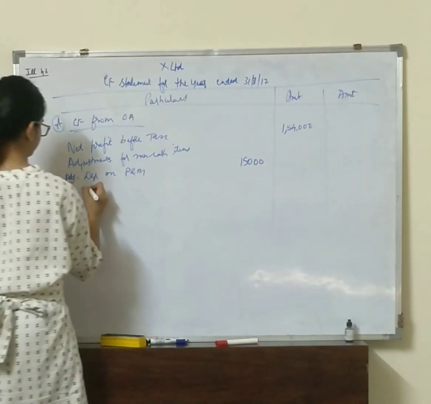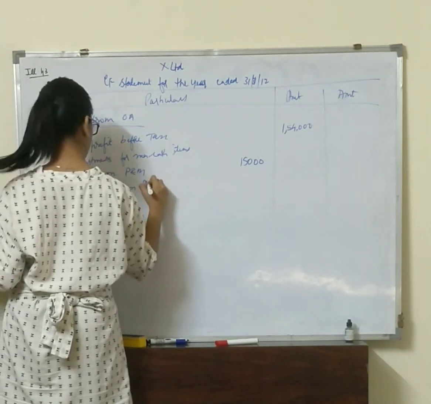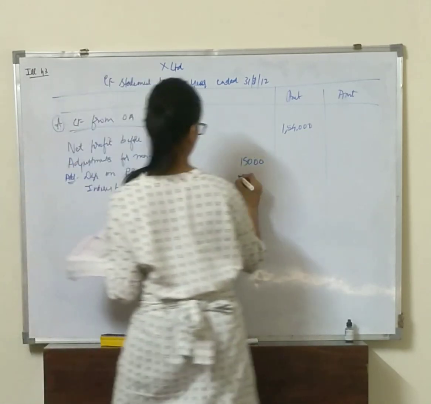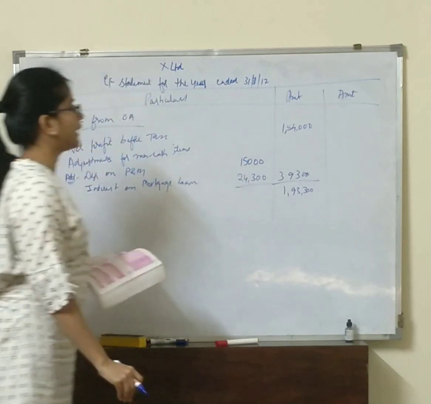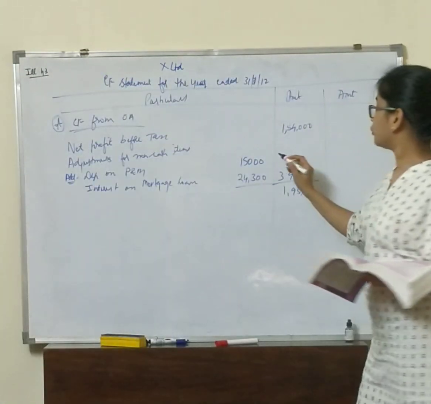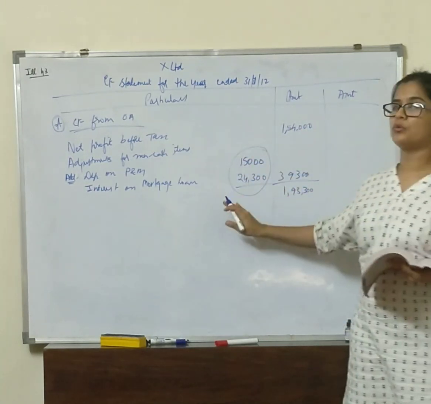Next we have interest on mortgage loan. How much is it? 24,300. The total 1,93,300.